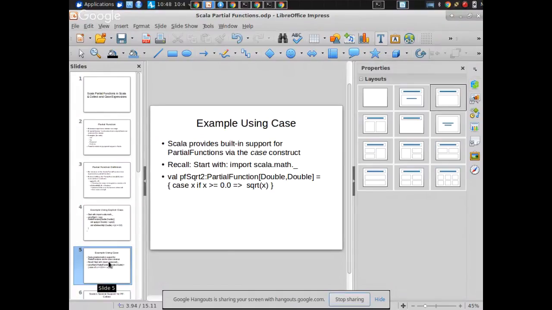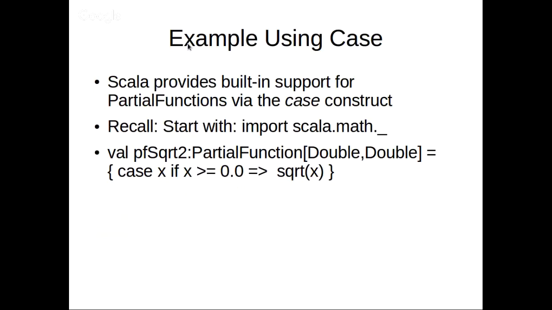Fortunately, you'll be happy to know that there's easier ways to define partial functions. And the main easy way to define them is using the case construct. Now, we've seen case before. Where did we see case before? Anyone remember? We saw it in matching, where we're matching a set of possibilities.